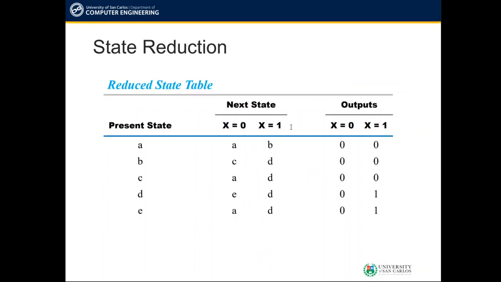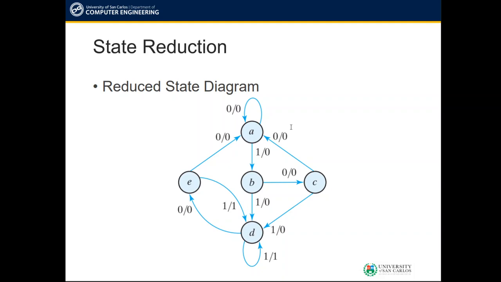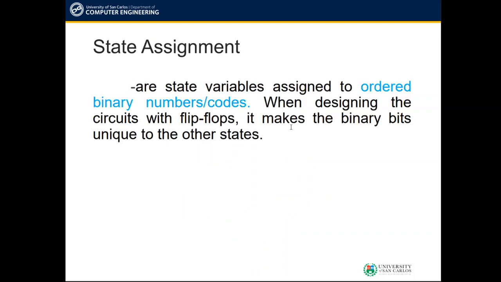In the previous example, we named the states by the letters A, B, C, D, and E. By using state assignment, we can transform these states into equivalent binary values. I highlighted here that it should be in ordered binary numbers or codes.